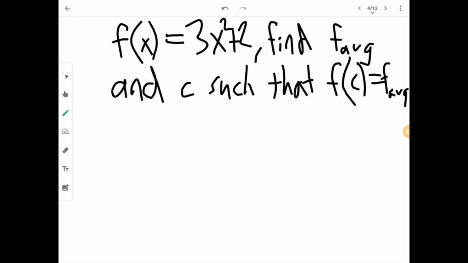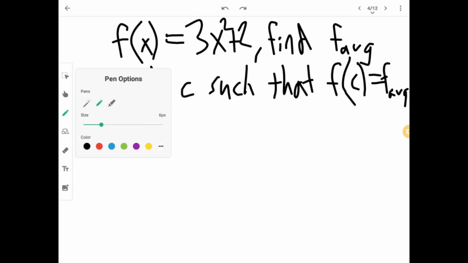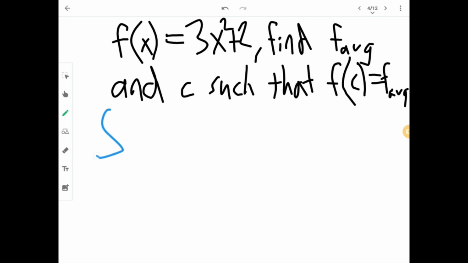f of x equal to 3x squared plus 2. Find f average. So integral, do it in a different color. They have to give a parameter, like an interval. So let's say from 0 to 3, like last time.